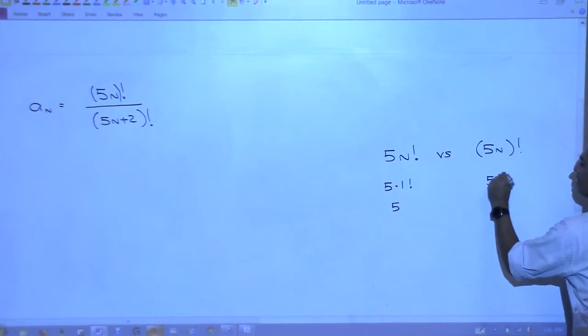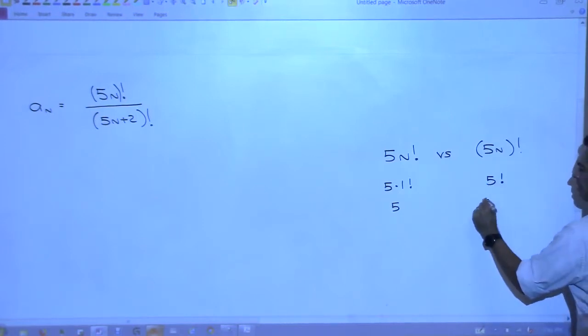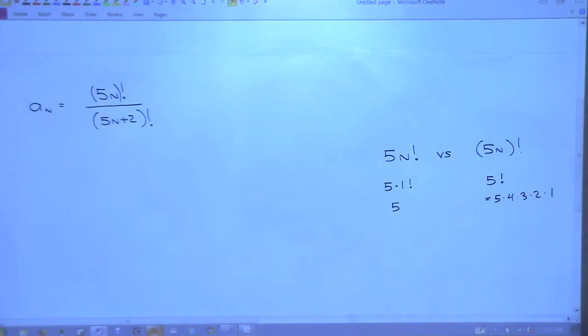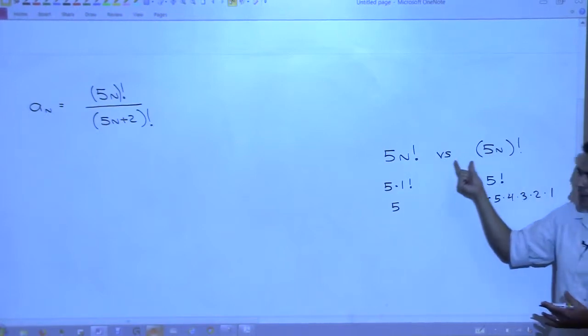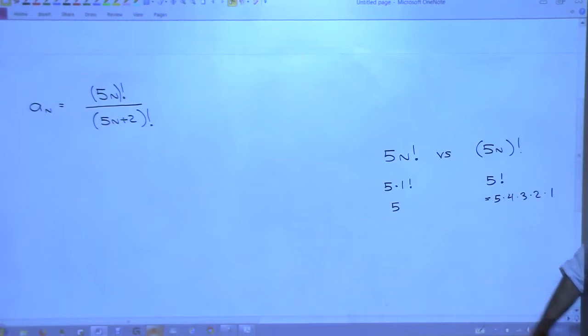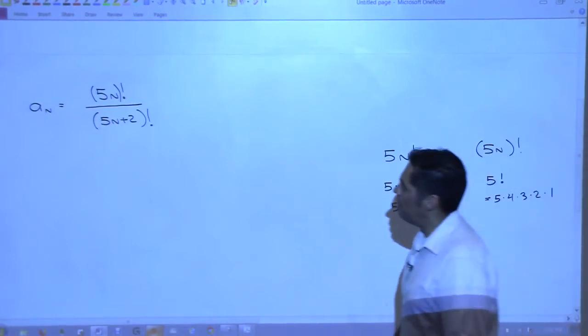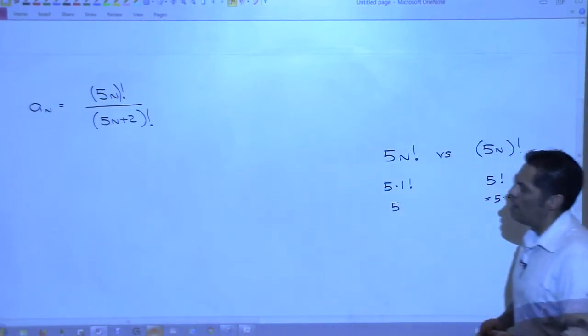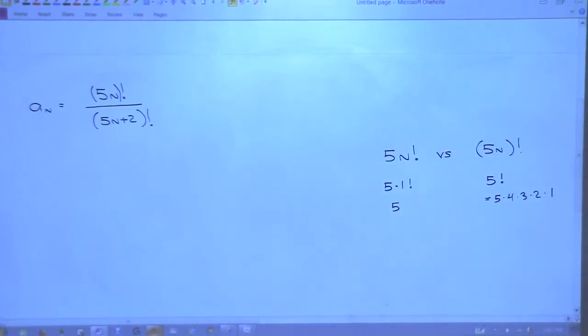So this is 5 factorial, which is really 5 times 4 times 3 times 2 times 1. These are not the same thing, right? So a set of parentheses around this is not just for fun. These are completely different expressions. See the difference? Okay. So I have 5n factorial on top, 5n plus 2 factorial on the bottom. I would like to know whether or not this thing converges or diverges.